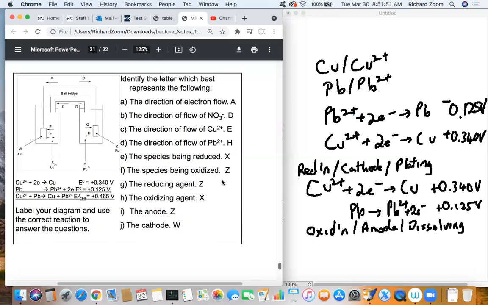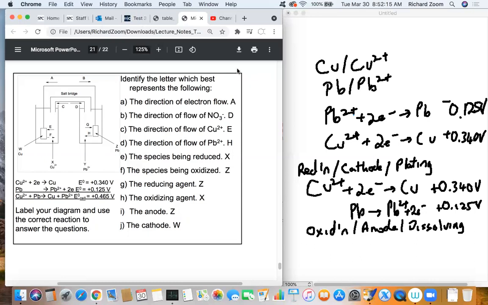So just remember that whatever's being reduced can't be the reducing agent. It has to be whatever's being oxidized. I mean, something doesn't cause itself. The copper 2 plus doesn't do it spontaneously. It reduces because it's accepting 2 electrons, and those electrons are coming from the lead. So whatever's being oxidized is the reducing agent.